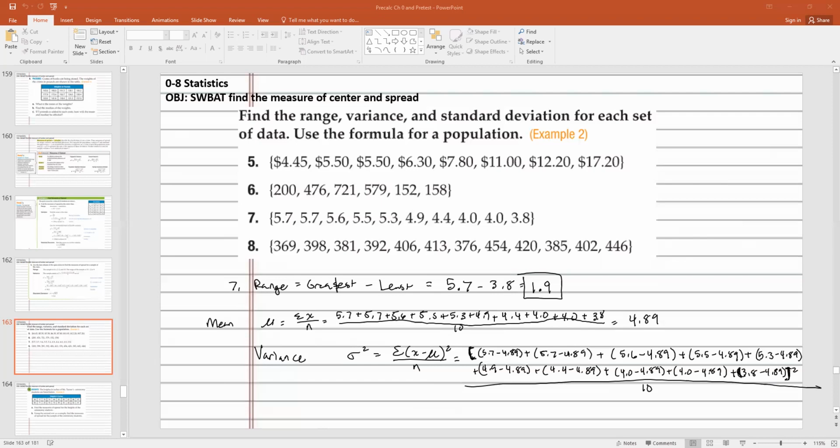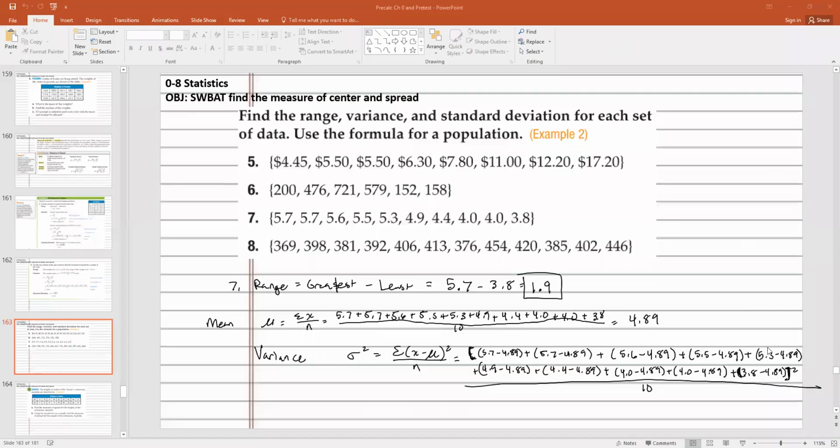And there we get 0.02401. Sorry. I put the square in the wrong place.